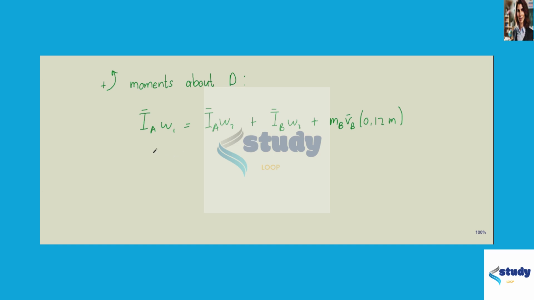So we can substitute some values into this equation. We've calculated I A and I B. So this is 0.153125 kg meter squared.